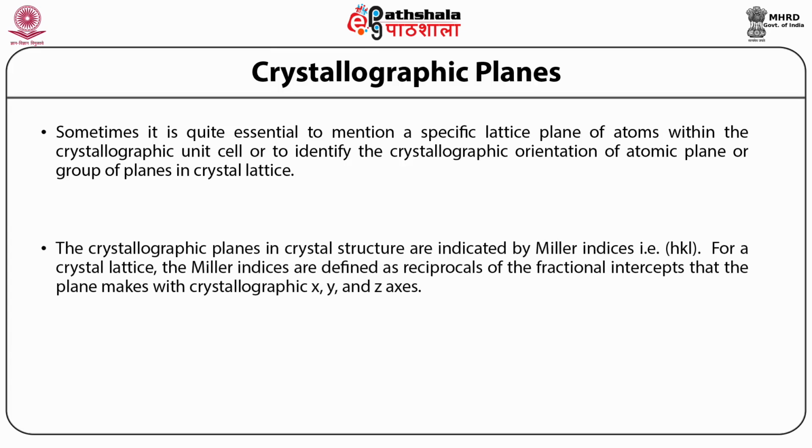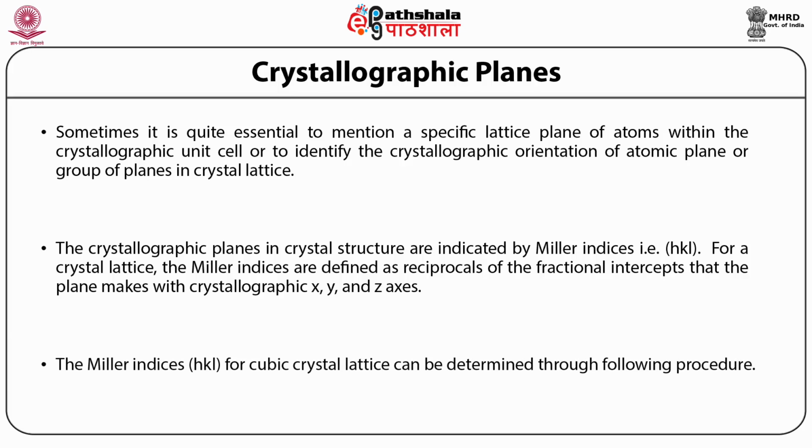The crystallographic planes in a crystal structure are indicated by Miller indices, that is HKL. For a crystal lattice, the Miller indices are defined as the reciprocals of fractional intercepts that the plane makes with the crystallographic X, Y, and Z axes.